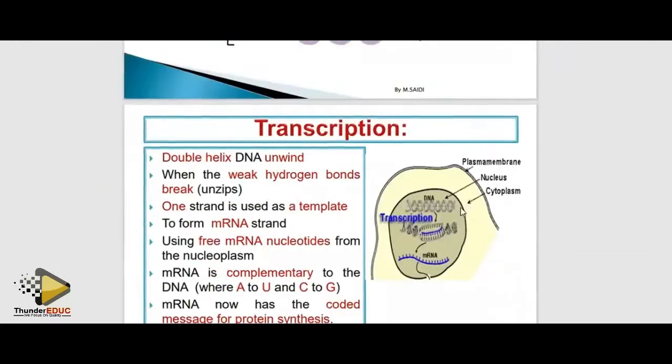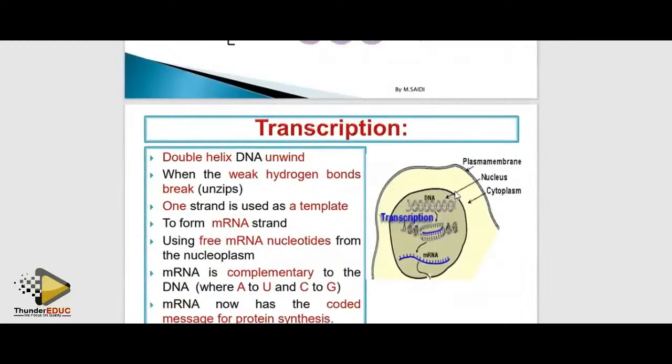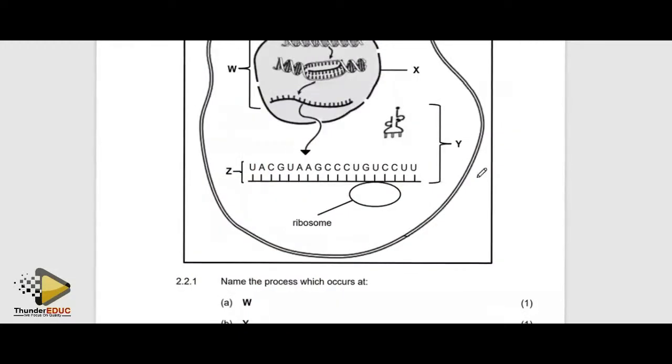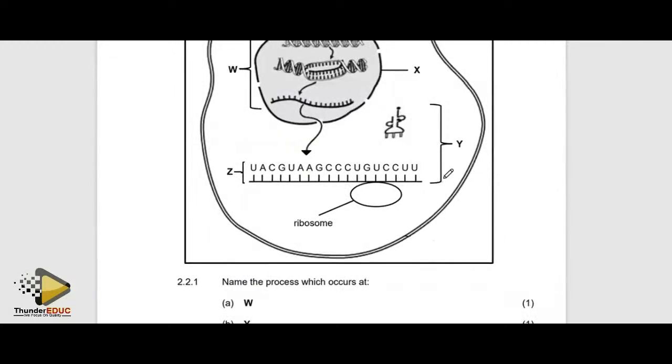They are looking for this wall, which is the nuclear membrane. Remember, this is the nuclear membrane, the membrane of the nucleus, while this one is the cell membrane.